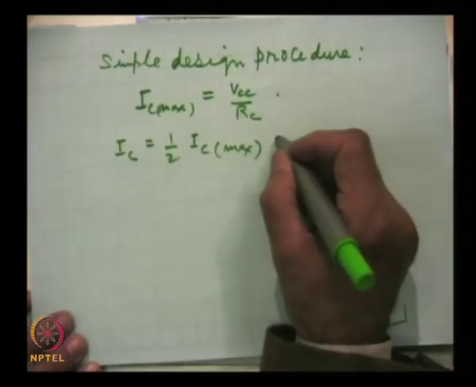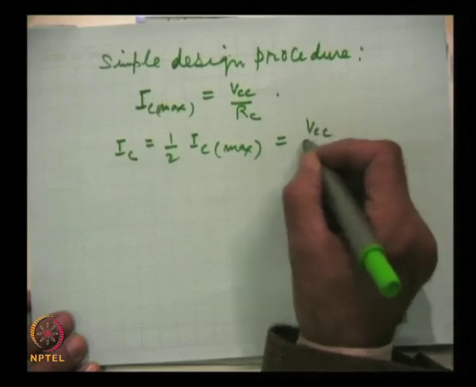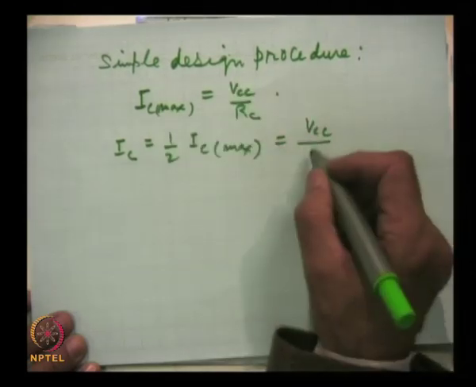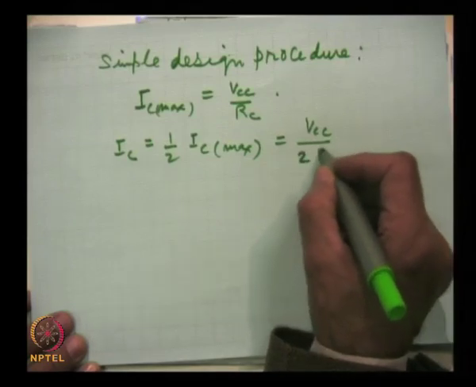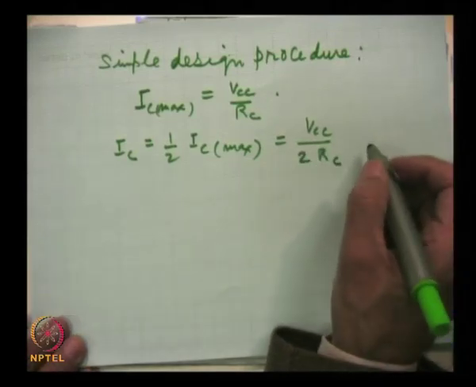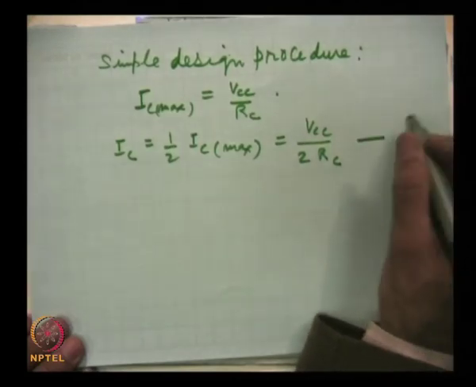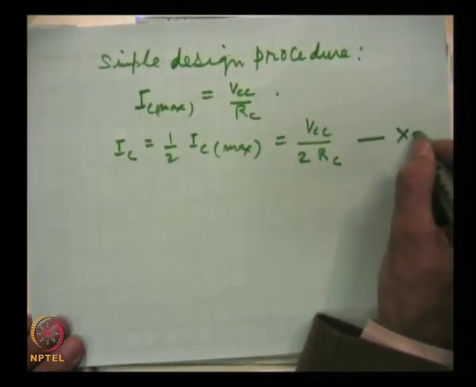So this will be equal to Vcc by 2 RC. This is one equation, let us call it x 1.